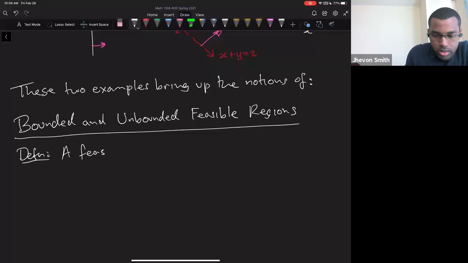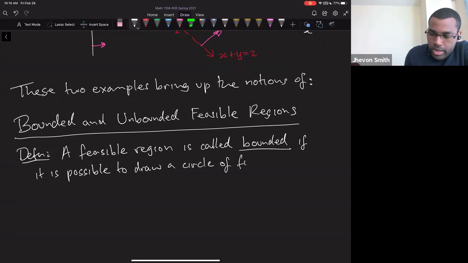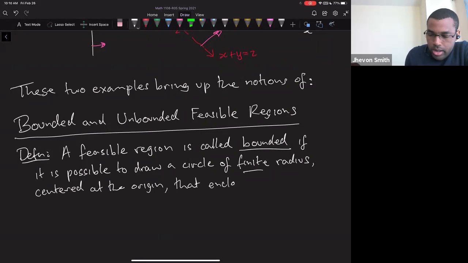A feasible region is called bounded if it is possible to draw a circle of finite radius centered at the origin that encloses the entire region. Otherwise, it is called unbounded.